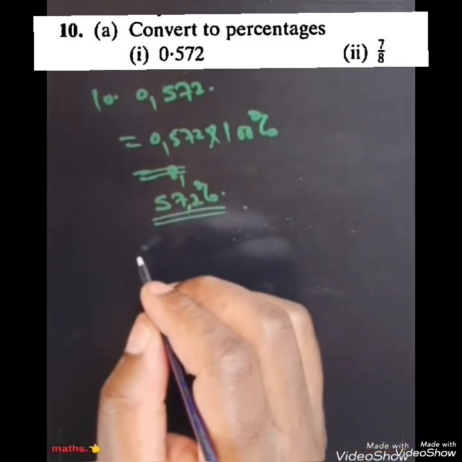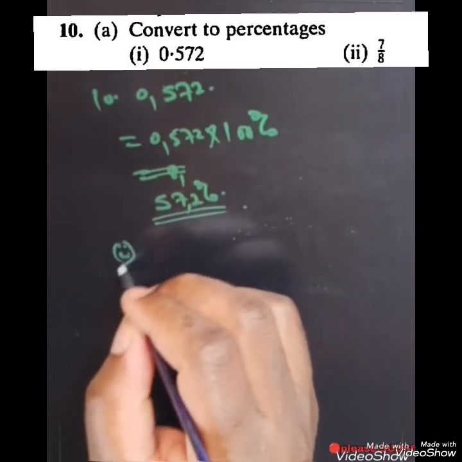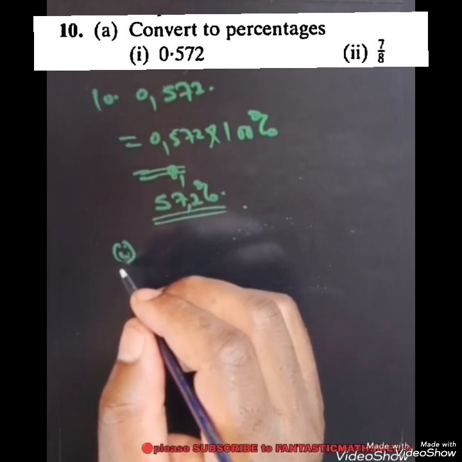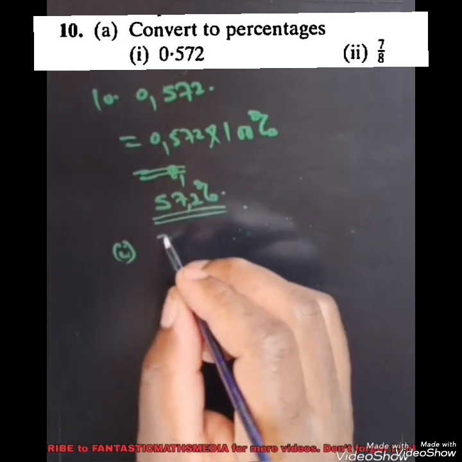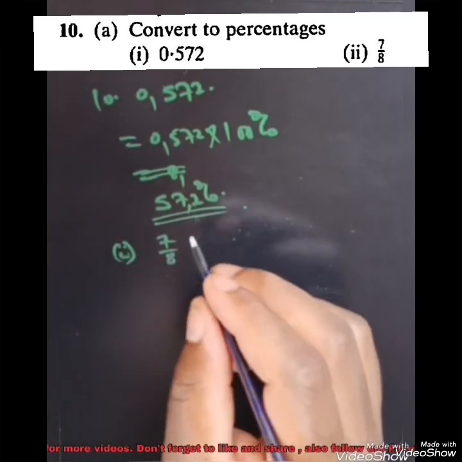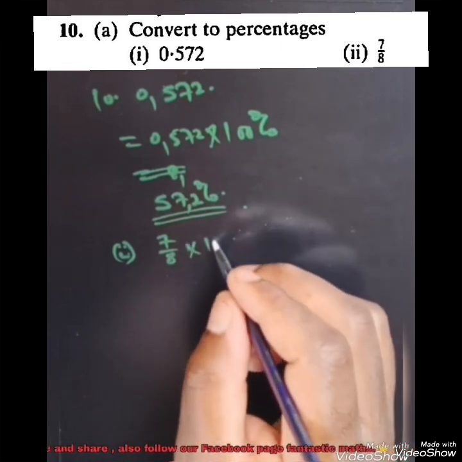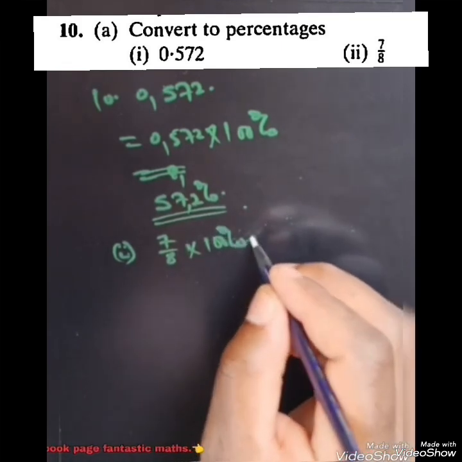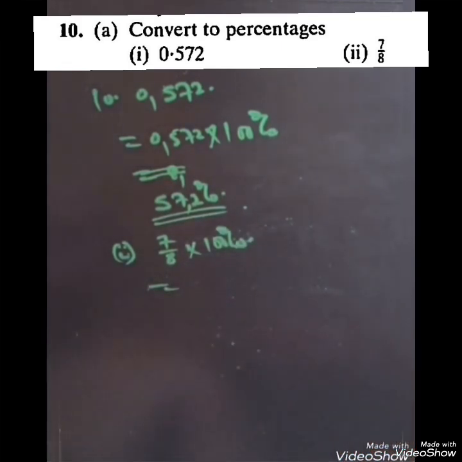Item 2: convert 7 over 8 to a percentage. You have to follow the same procedure again and multiply by 100% so that you get it as a percentage.